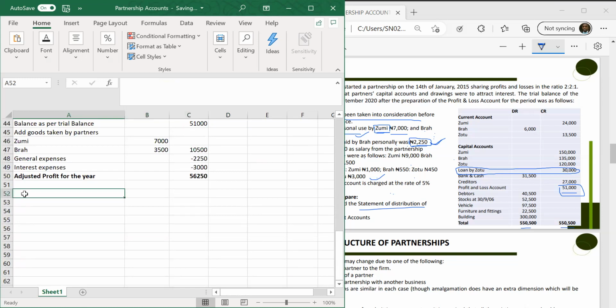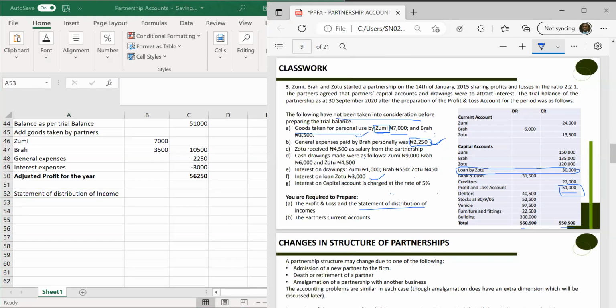So this is our statement of distribution of income. We are going to start with net profit, then work our way down.